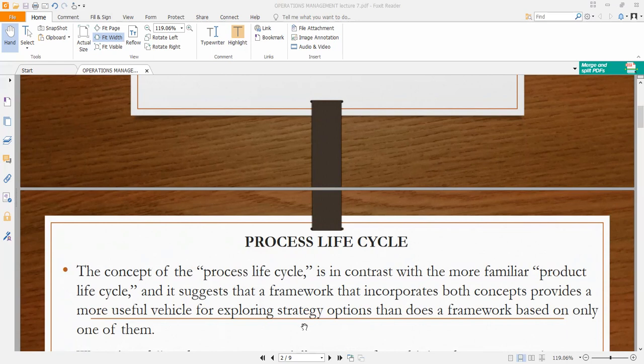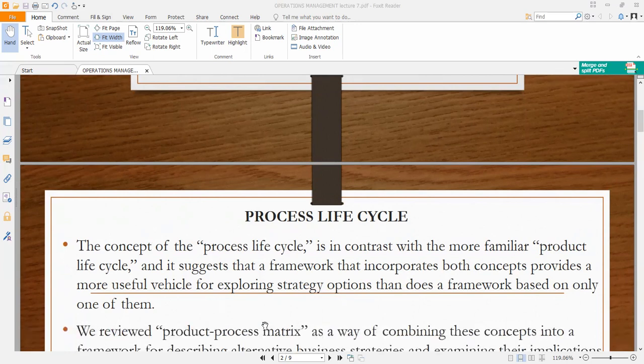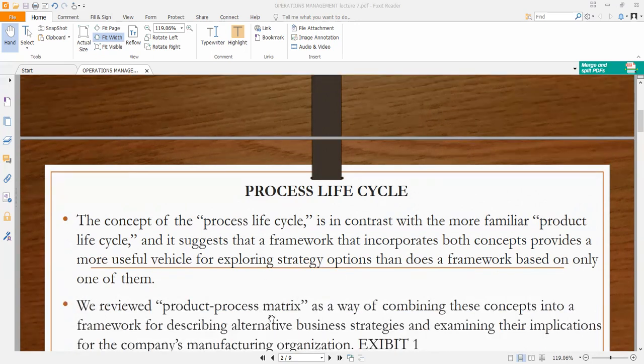When you put these two together, they provide a more useful basis for exploring strategies that are important in reaching the core objective of a company, which is more output and efficiency of the manufacturing company. If we talk about more output, we are talking about higher returns, meaning producing more products from the raw materials.